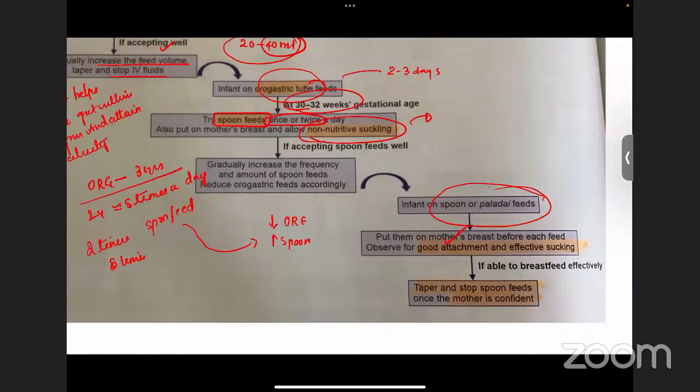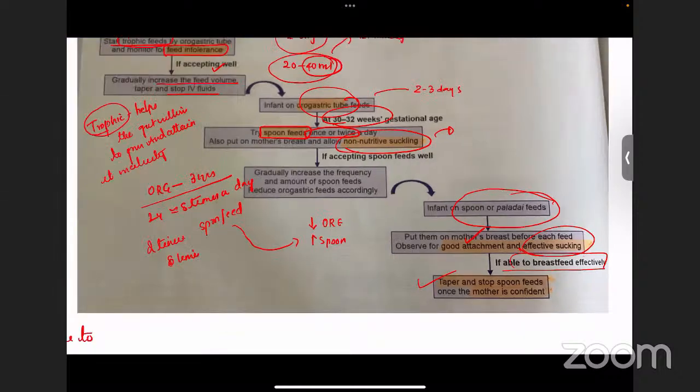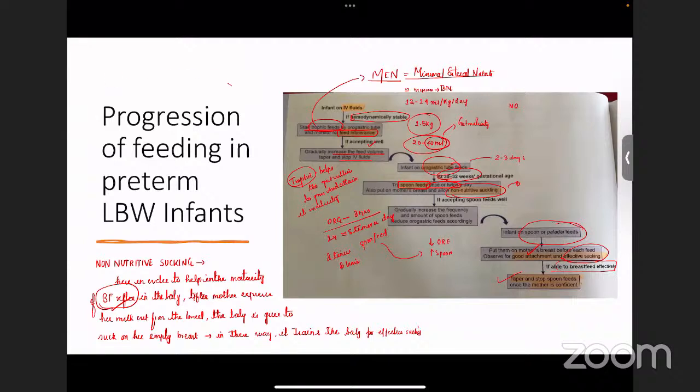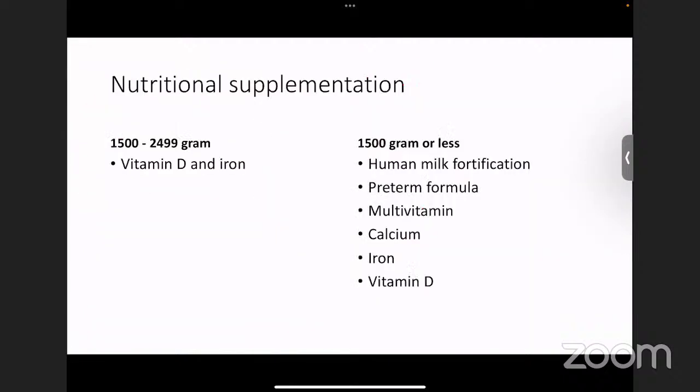Before every spoon or paladai feed, give to the mother. Try whether the child is able to suck the breast properly, whether the attachment is good, whether the positioning is good, and there is effective suckling. If the child is effectively breastfeeding, then taper and stop the spoon feed. Once the mother is confident, stop the spoon feed and directly give the baby to the breast. In this way, you have to progress the feeding pattern in the preterm low birth weight baby.